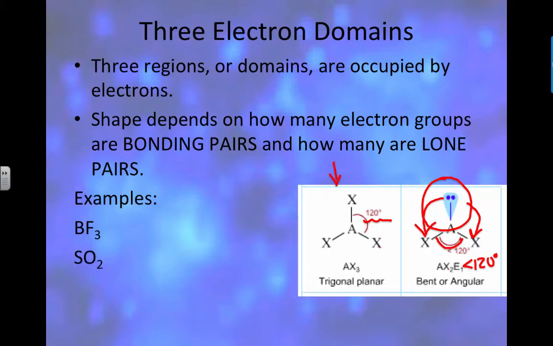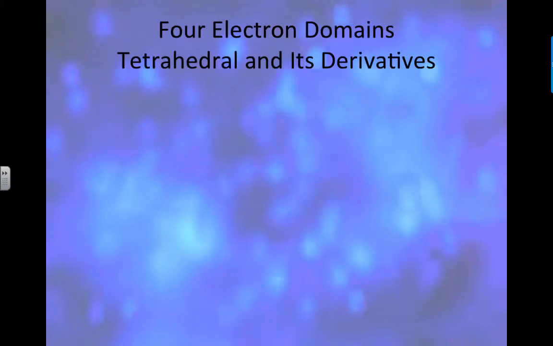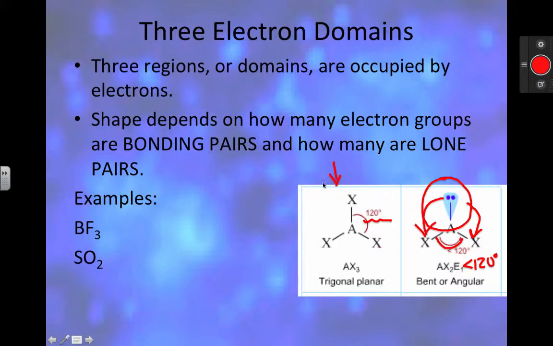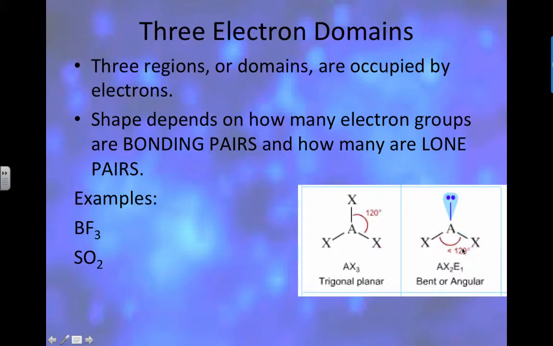We might also have SO2. Let's draw a picture of that one so that you can see a structure with lone pairs. So we'll start by counting the valence electrons. Sulfur has 6 and oxygen has 6. There are 2 oxygens, and so I need a total of 18 electrons in my structure.